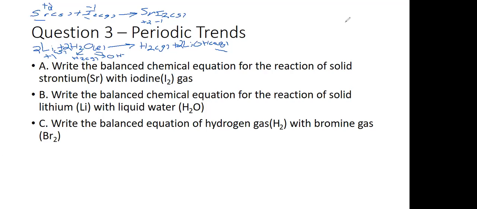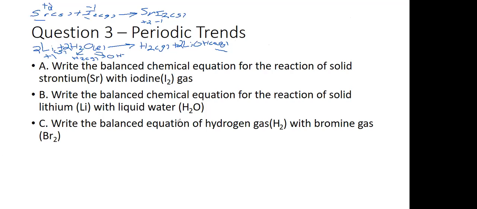But group 1 metals are always +1, always, always, always. Group 2 metals are always +2. Silver is always +1. Zinc's always +2. Aluminum's always +3. Transition metals have different charges they can be.